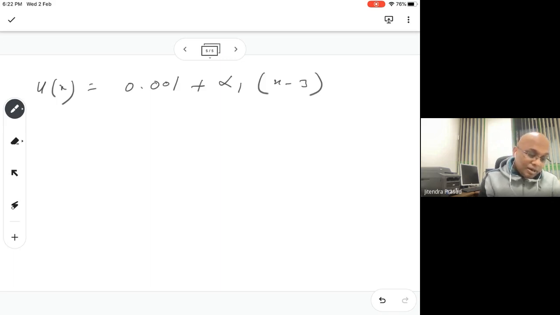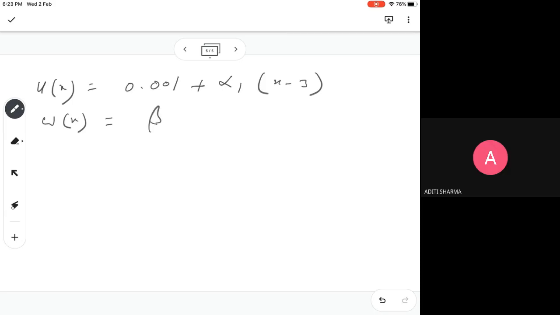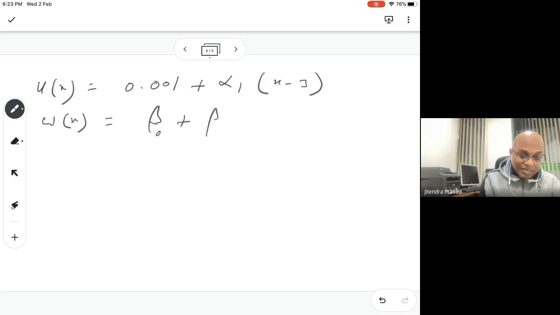Accordingly, we have wx. We have to find out what wx will be. Wx equal to beta naught plus beta 1 times x minus 3. And what do we want?